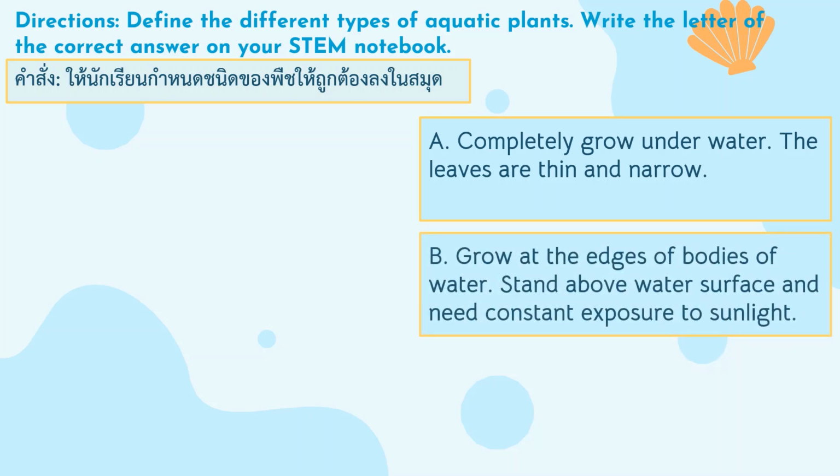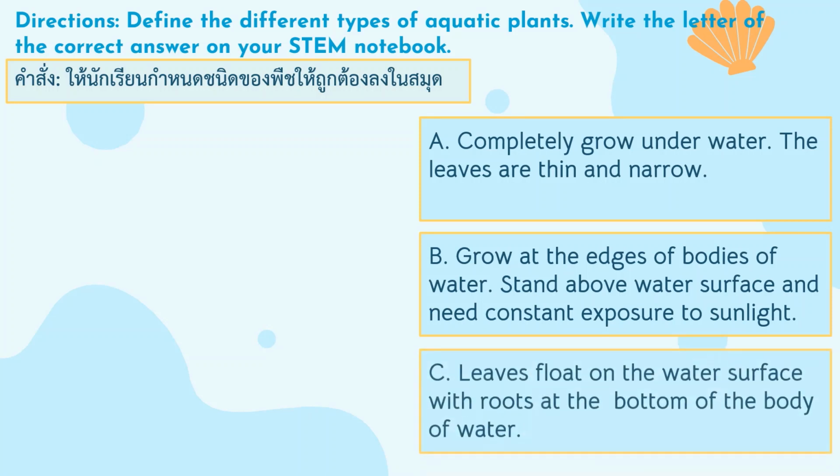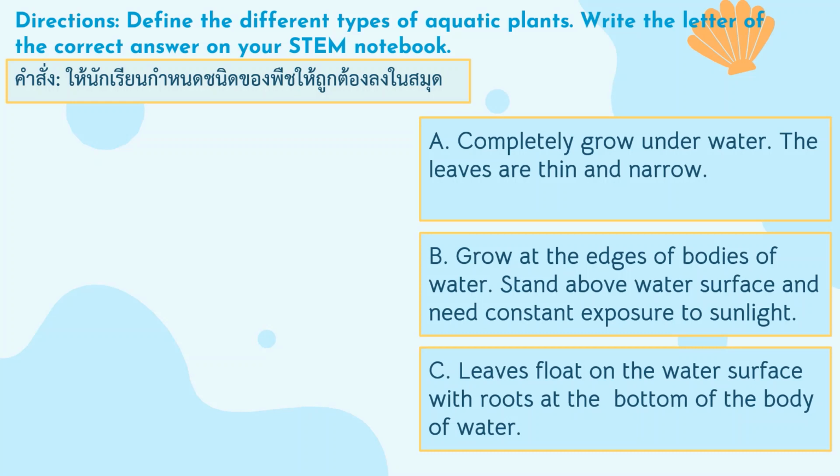Letter B. Grow at the edges of bodies of water. Stand above water surface and need constant exposure to sunlight. Letter C. Leaves float on the water surface, with roots at the bottom of the body of water.